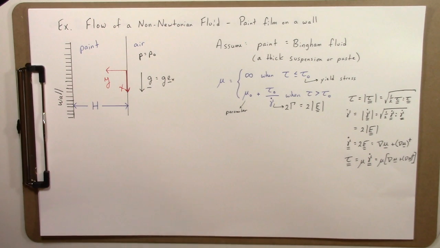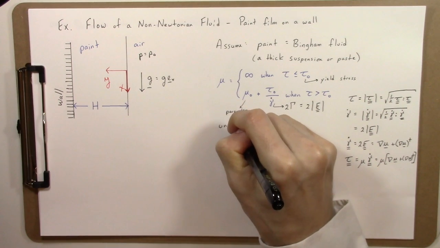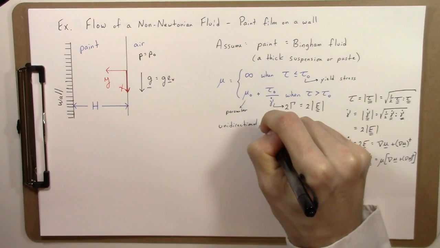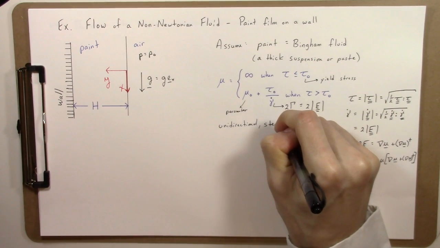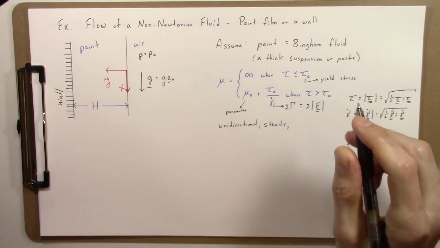Now, in addition to assuming that paint is a Bingham fluid, we also make a few other assumptions about the flow. It's going to be unidirectional, steady, fully developed, and incompressible.